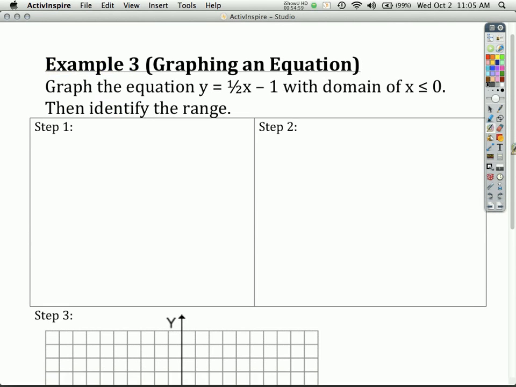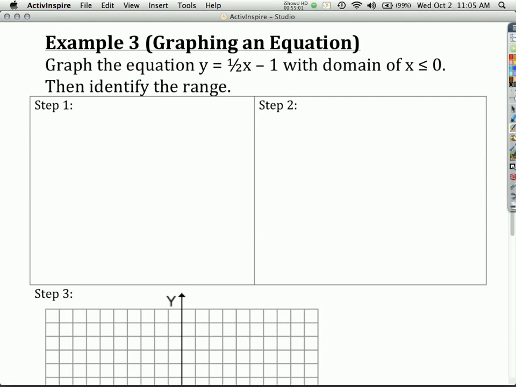Example 3. Looks pretty similar to the first example. But there's a couple of major differences that we're going to talk about, and this is where we up the complexity a little bit. So we're going to graph the equation y equals 1/2 x minus 1.